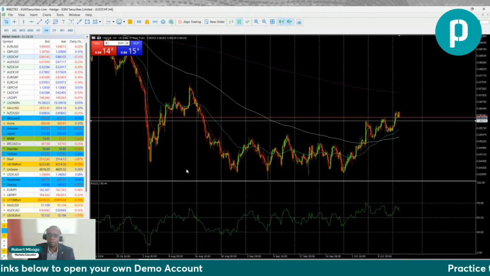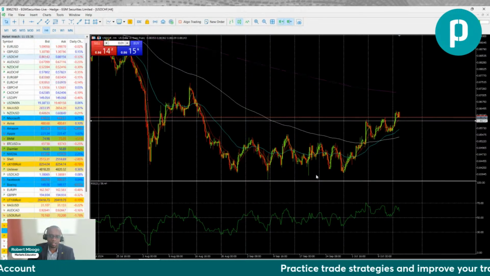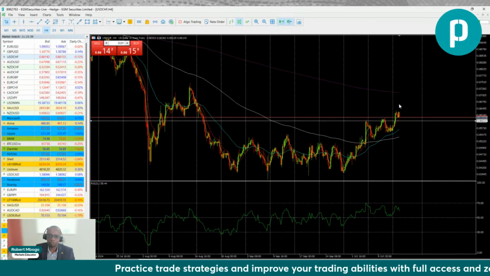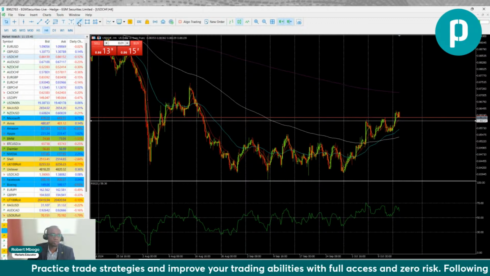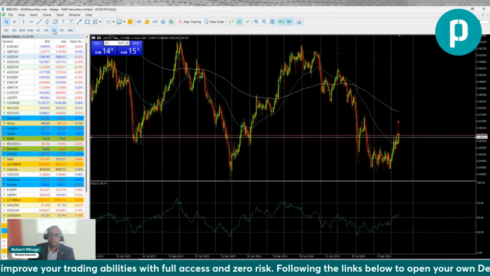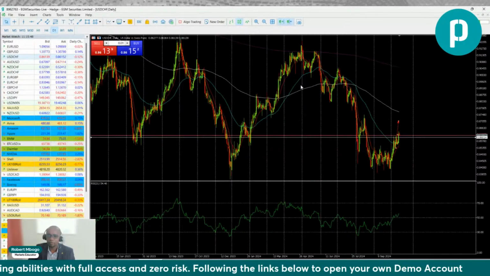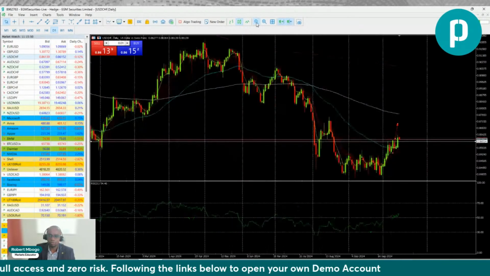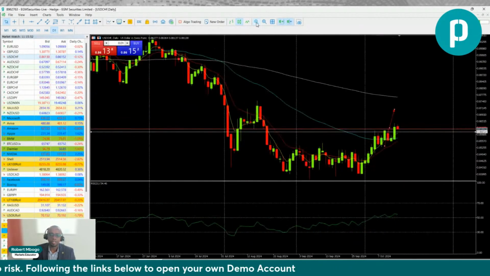So I'm really anticipating, because we can see a lot of consolidation that played out over here, right? So this area was a very strong support. So I'm still expecting a further push to the upside, maybe to that high over there. That's an area I would want to see USDCHF get to.